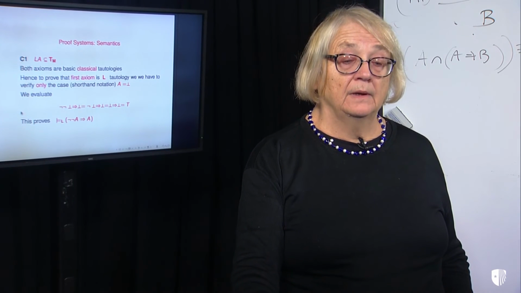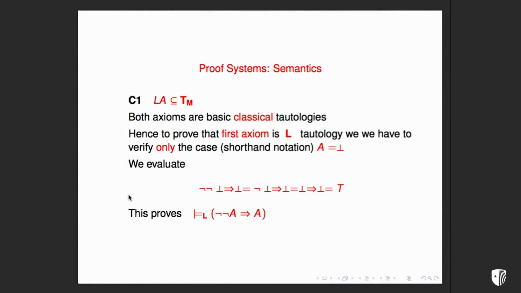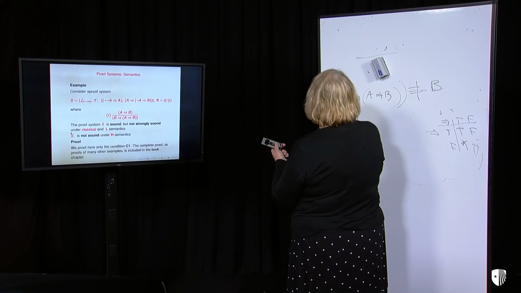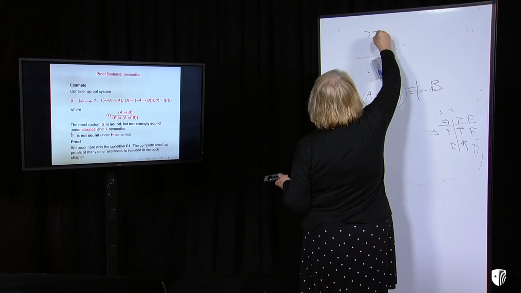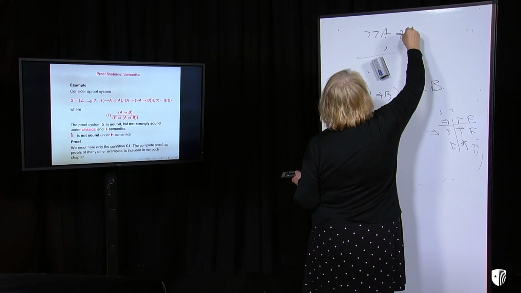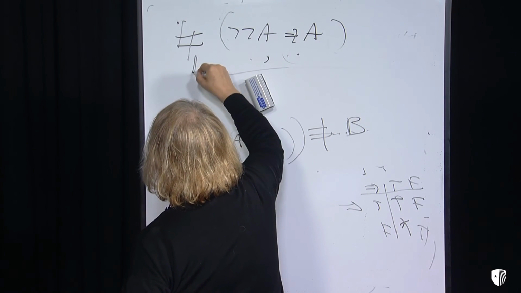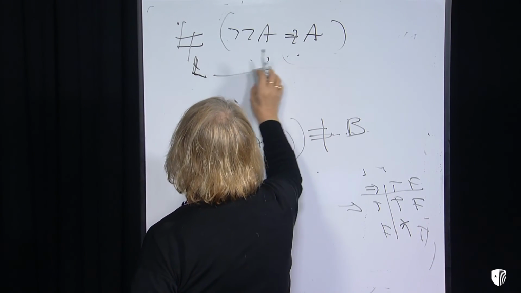For example, logical axioms under L semantics: both axioms are classical tautologies, and the first axiom is not an L tautology. So the first axiom, not A implies A, is not an L tautology.